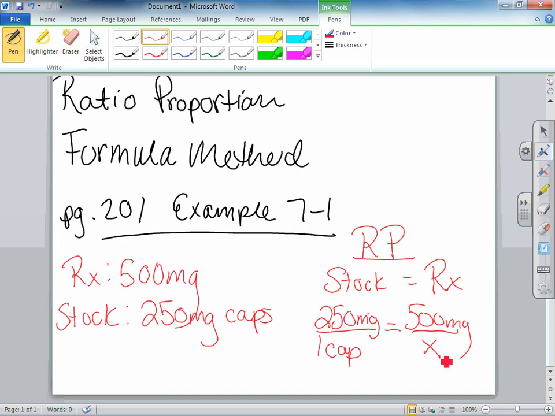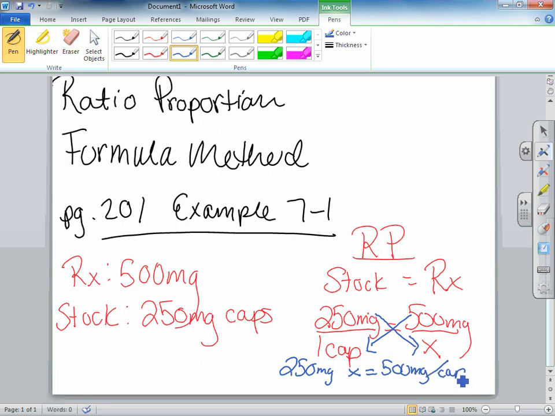And you're going to solve this problem. How do you solve it? You just crisscross multiply. You take 250 milligrams times X equals 500 milligrams per cap.